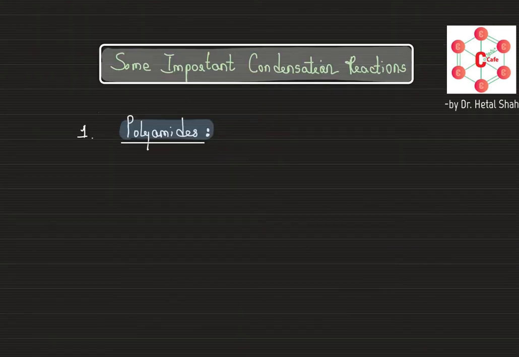Now let us take up some important condensation reactions. The first one we take up is called polyamides. So let us talk about polyamides. First of all, polyamides have amide group which gets repeated, right? So in these polymers, amide group gets repeated, right?